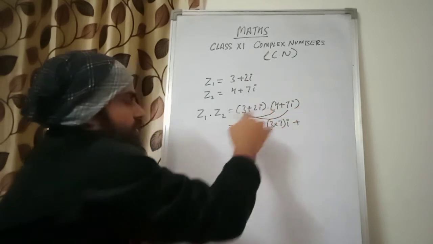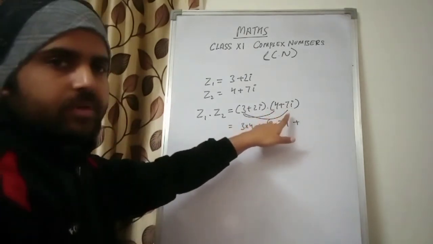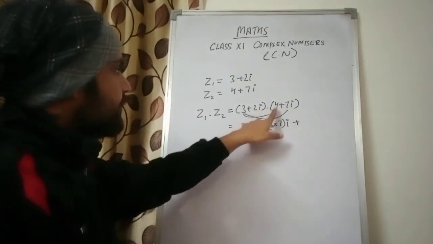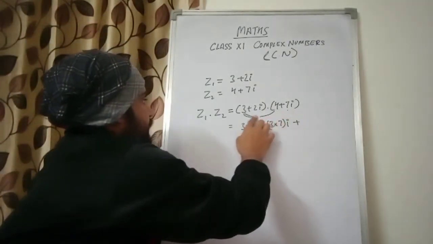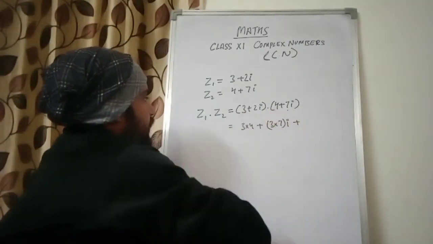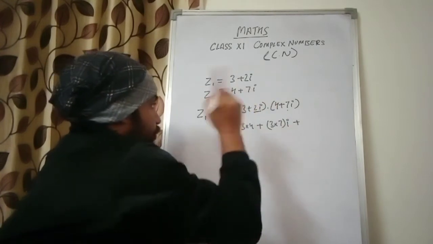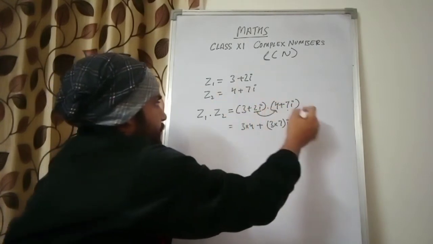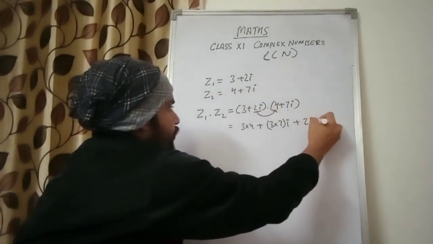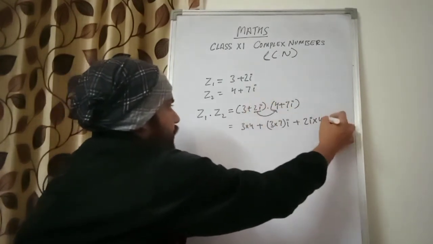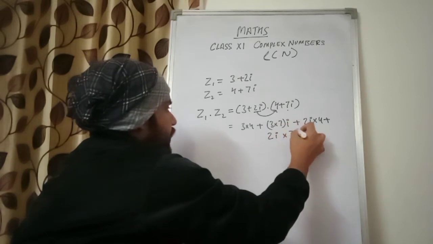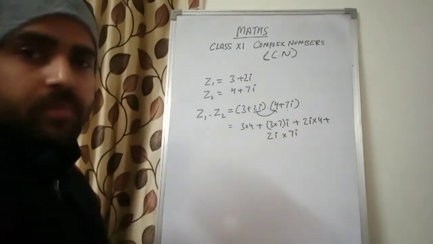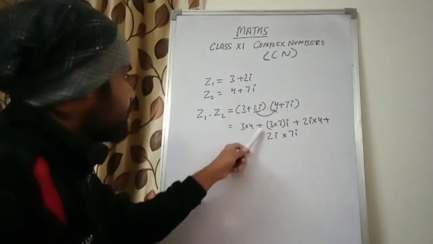Now the 3 is done, 3 is multiplied by both the numbers. Now this 2i, not 2, 2i, the whole term will be multiplied by both numbers. So 2i into 4 plus 2i into 7i. Clear? Fine. So now we have to solve it further.